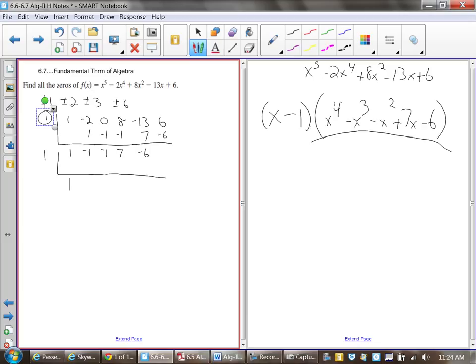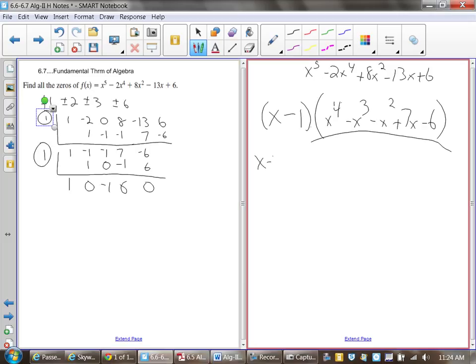Synthetically divide. 1, 1, 0, 0, negative 1, negative 1, 6, 6. Oh, look at that, we got another 0. So it's repeated. So now I have an x minus 1, x minus 1, and now my new polynomial is x cubed minus x plus 6.